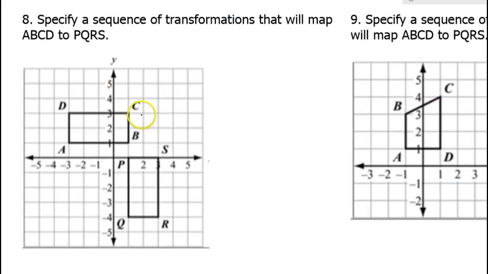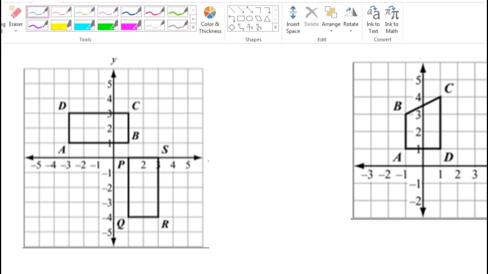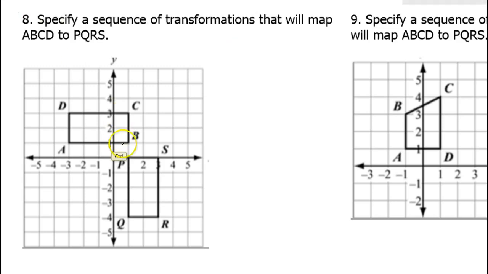All right, look at number 8. They want us to specify a sequence of transformations that will map rectangle ABCD onto rectangle PQRS. So there's more than one correct answer, but here's the first thing that pops into my mind.